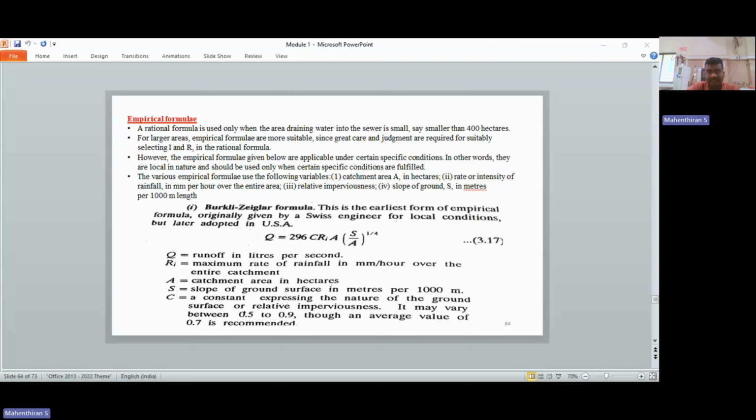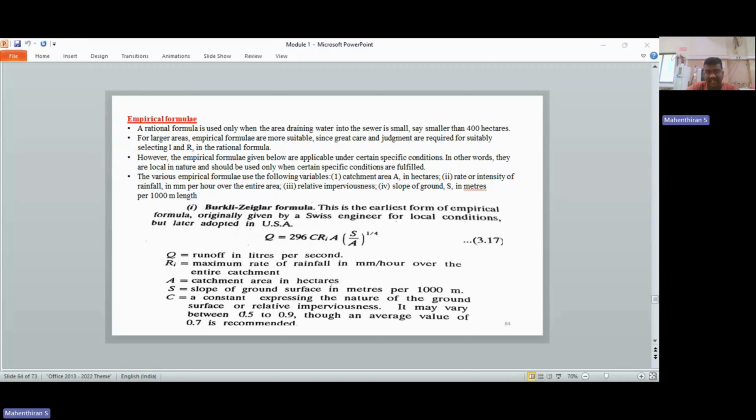Here we have the local applicability. This formula was developed especially for Swiss conditions. It may not be accurate for flat terrains, tropical climates with different rainfall patterns, arid or semi-arid regions, or catchments with very irregular shapes.